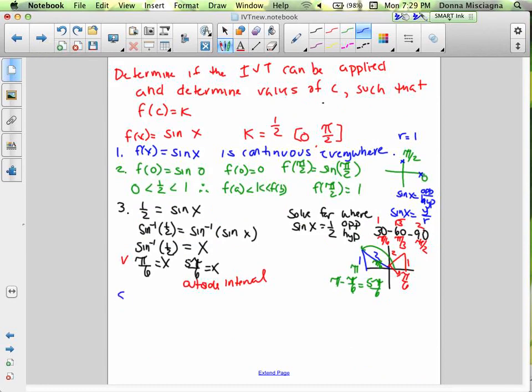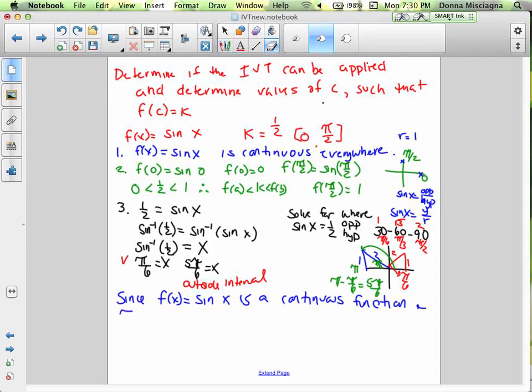So, since f of x equals sine x is a continuous function, I'll write it this way this time.